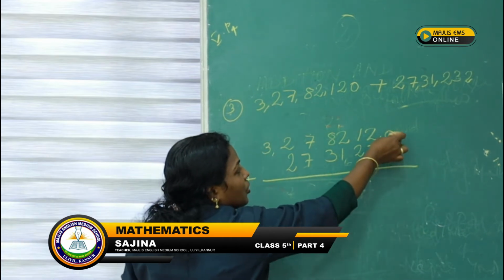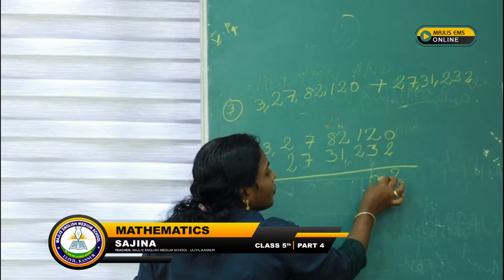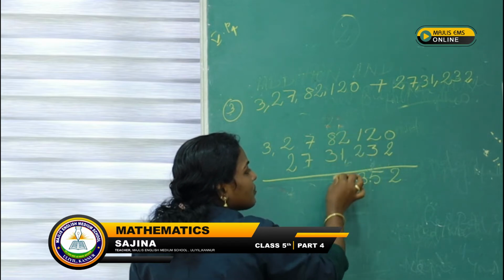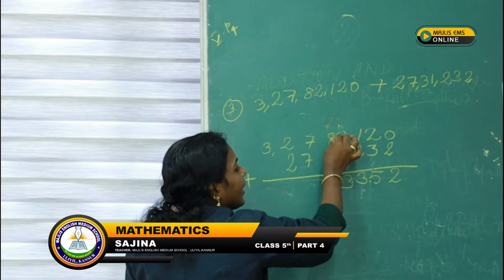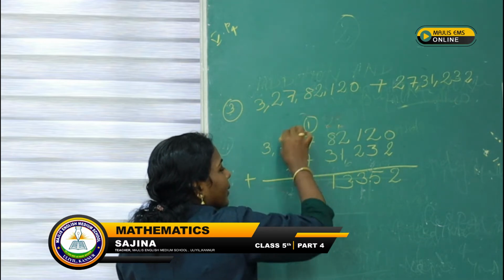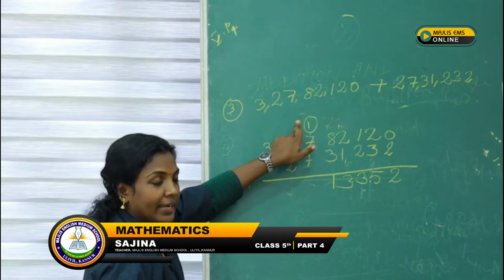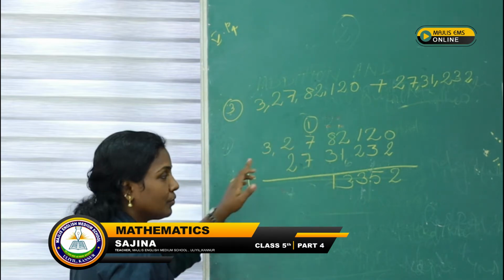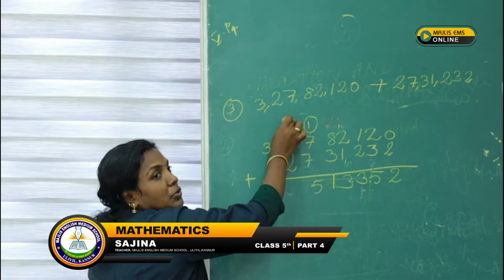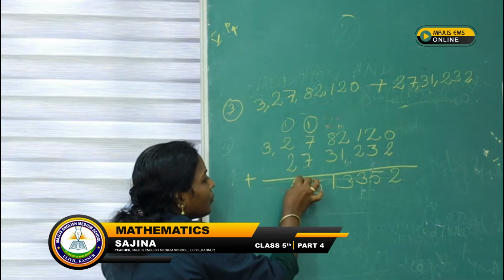Then we add. 0 plus 2 is equal to 2. 2 plus 3 is equal to 5. 1 plus 2 is equal to 3. 2 plus 1 is equal to 3. 8 plus 3 is equal to 11. 1 balance. 7 plus 1 is equal to 8. 8 plus 7 is equal to 15. 1 balance. 2 plus 1 is equal to 3. 3 plus 2 is equal to 5.